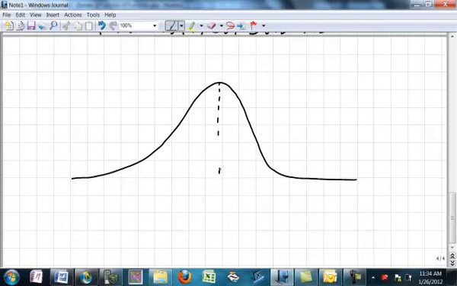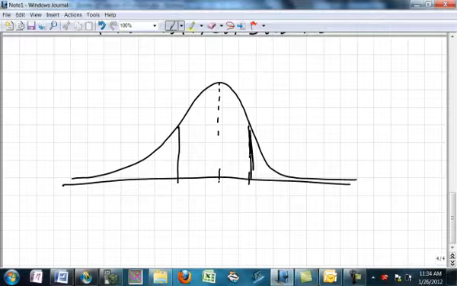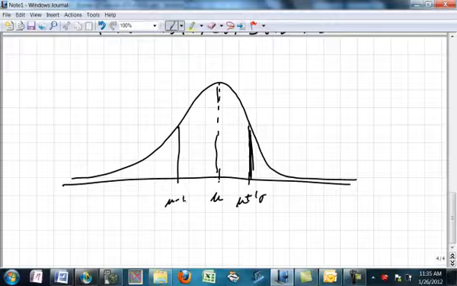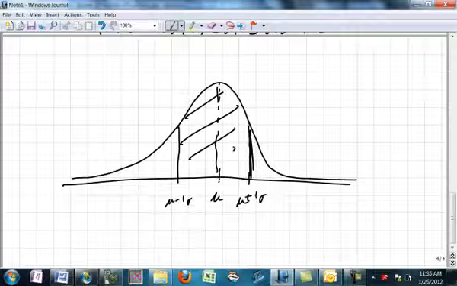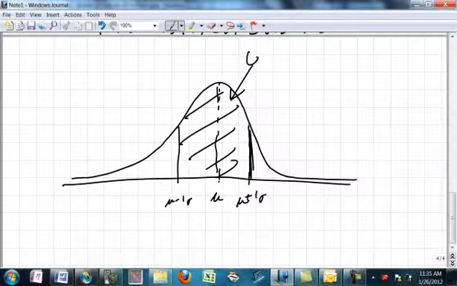Okay, so we got the mean here. We got one standard deviation above and below the mean, say to here. There's the axis. And so this is the mean plus 1 sigma, mean minus 1 sigma, and it turns out that this is about 68% of the data.